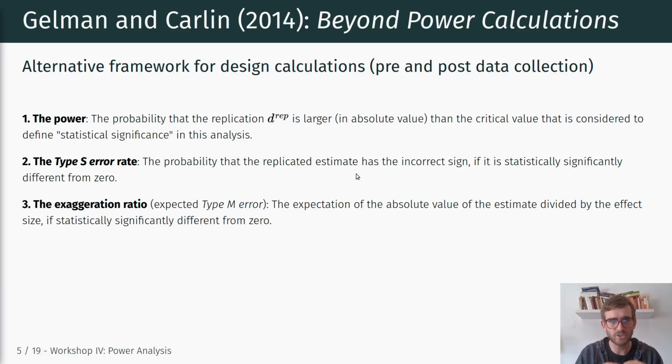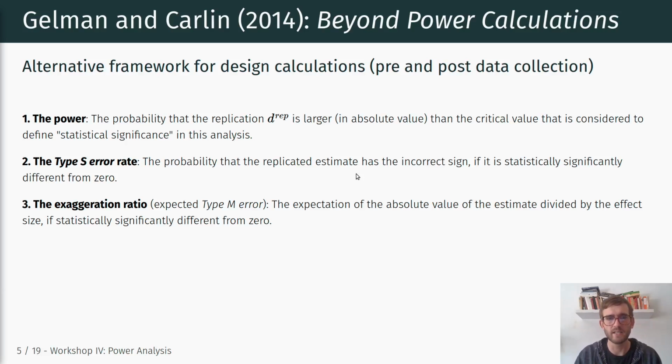So again, conditional on the effect being statistically significant, we can specify how much it, in expectation, exaggerates the true effect size. How much it tends to be larger than the true effect size.